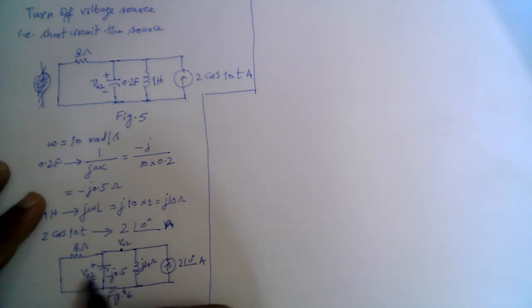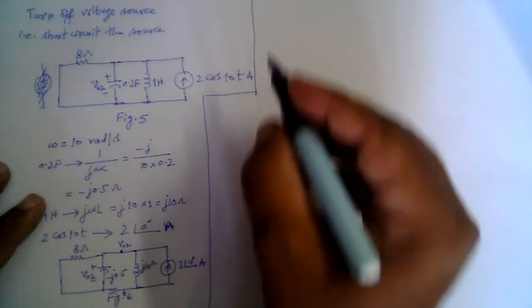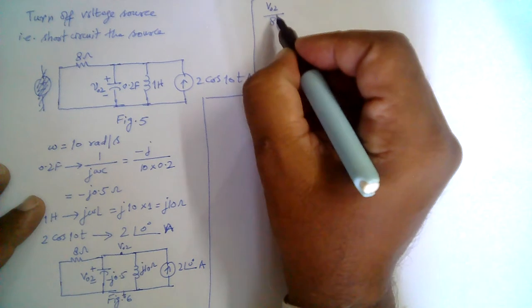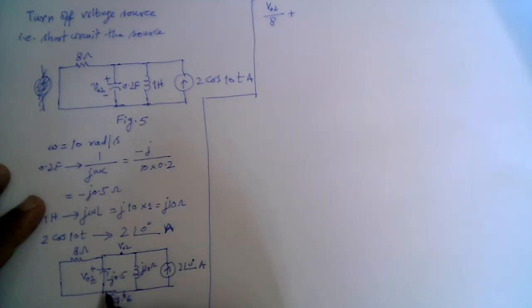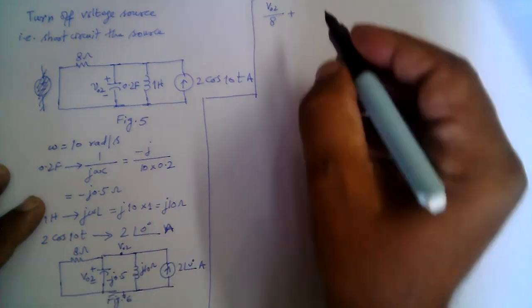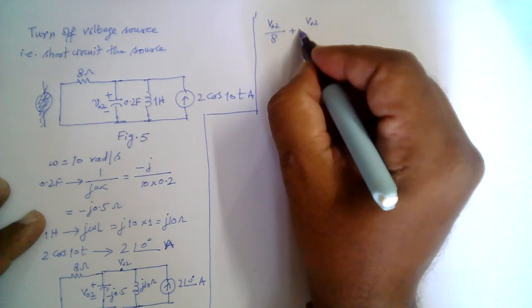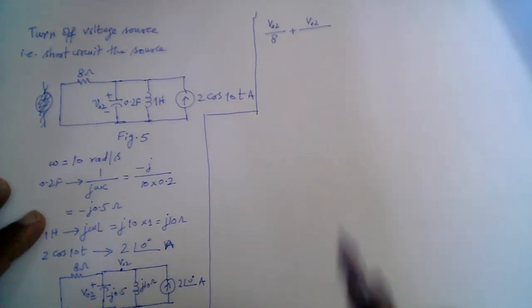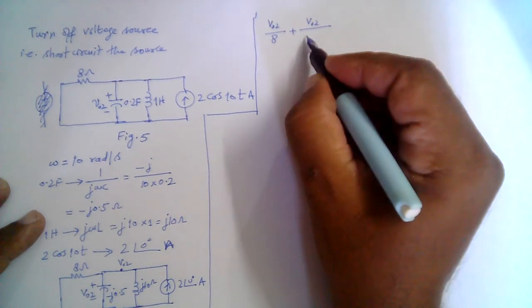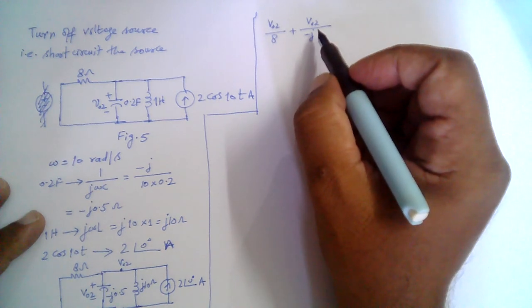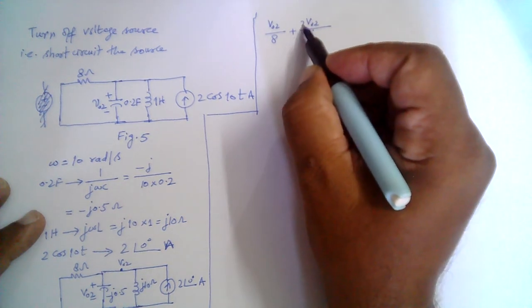So the current through this branch is V02, the voltage here is V02, right? Minus zero voltage here, and then divided by 8. So (V02 minus 0) over 8, plus (V02 minus 0) divided by minus j0.5, and j0.5 is basically j over 2, so j over 2 takes 2 here, right?